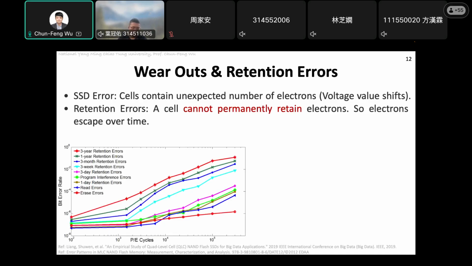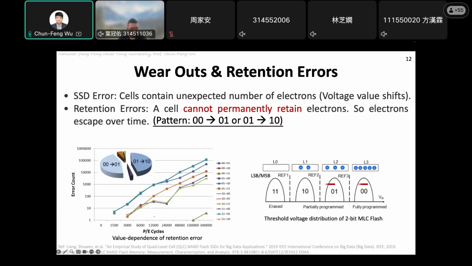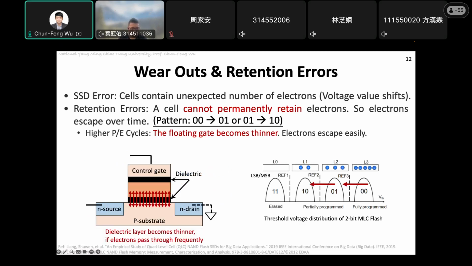Let me show you the reason first. The reason is how thick the dielectric layer is. If the electrons can escape, it means your dielectric layer is too thin, so it cannot make sure the electrons stay in the floating gate stably.